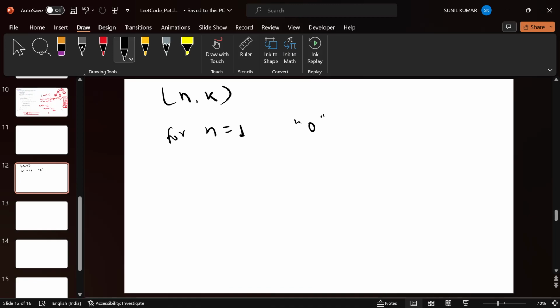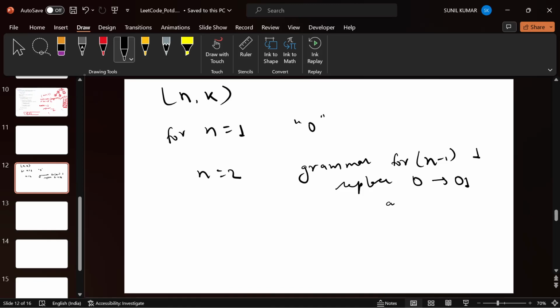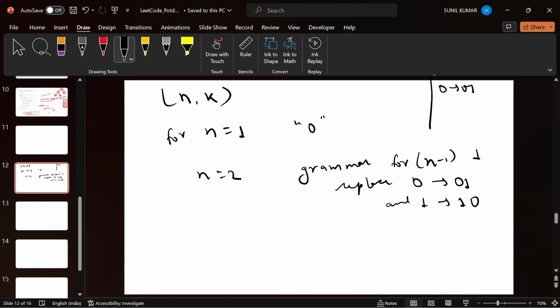And for every next row, for example n equals 2, we need to find the grammar for n minus 1, so here the grammar for 1, and replace 0 with 0 1 and 1 with 1 0. This is our condition. And another value k is given. Wait, we will learn about k after some time.